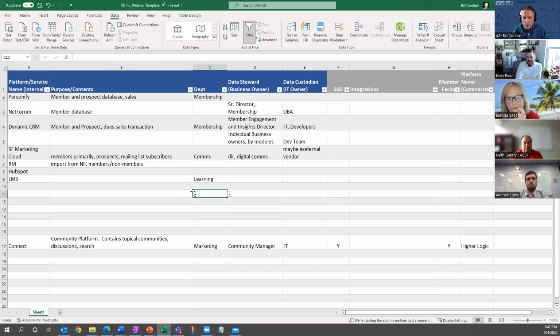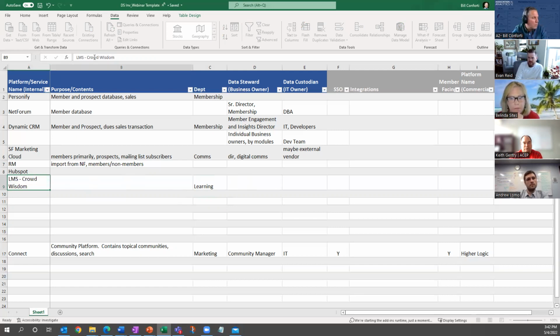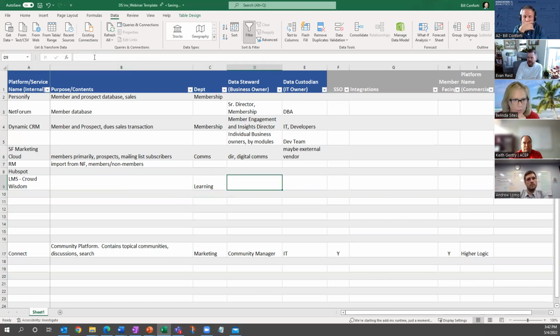I think this is an interesting case because the LMS for us is managed by Crowd Wisdom. Crowd Wisdom is responsible for data integrity within the LMS and maintaining that system. I would view a steward as responsible for verifying that the data is being stored correctly in the LMS, or that the data is flowing back to the AMS correctly.